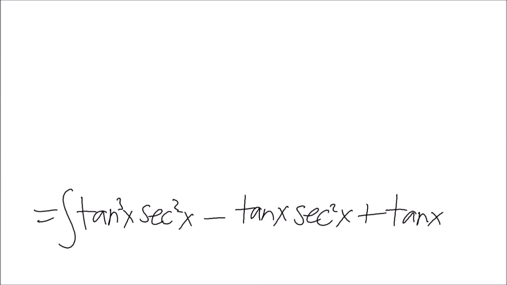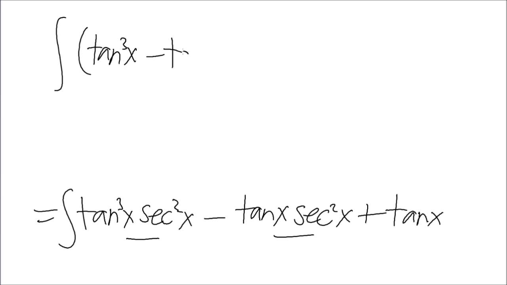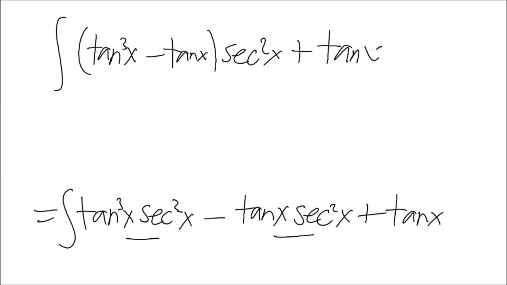Oh, so a small trick here, you don't have to do u sub and then u sub, okay? You can factor out secant square. So this gives us tangent cube minus tangent x, and then tan x dx. Okay?